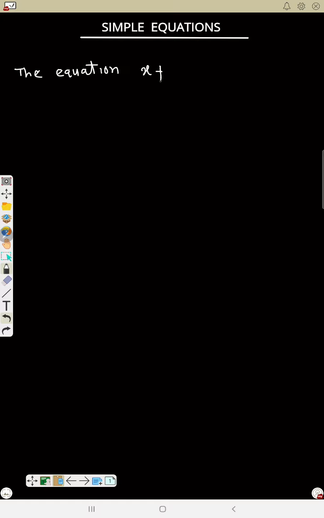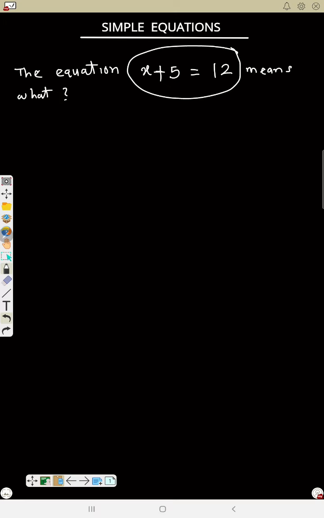Say the equation x plus 5 is equals to 12 means what? So what is the meaning of this equation? Remember, this is algebraic equation.